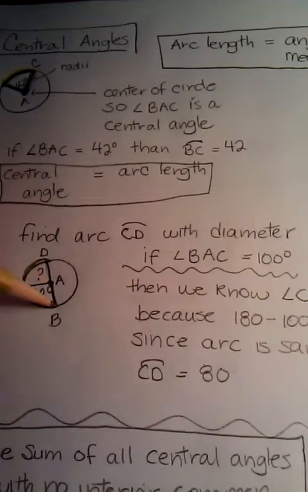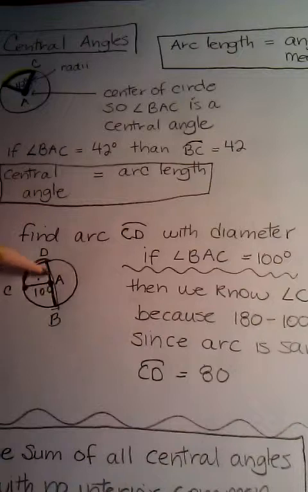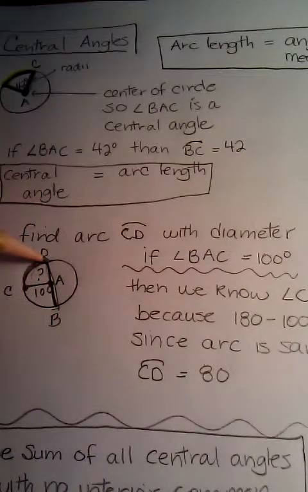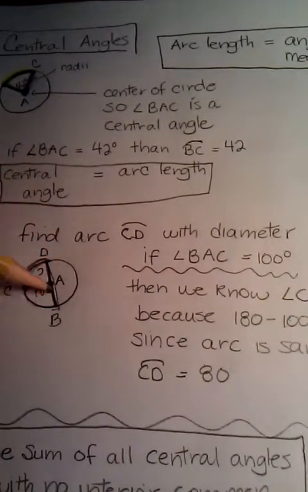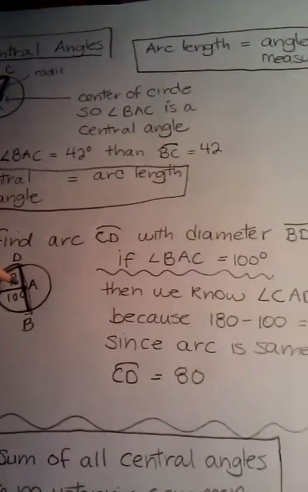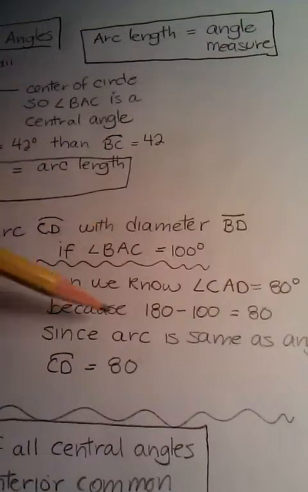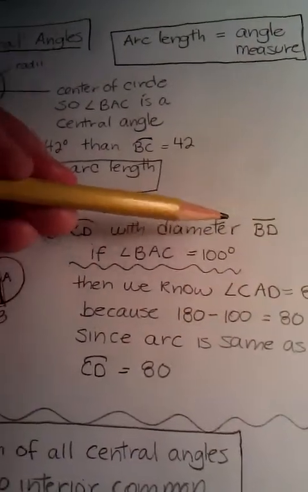Now I know that this is the diameter. So if this is the diameter, I know that this is 180 degrees right here, from B all the way to D, that's 180 degrees at angle A. So if that whole thing is 180 and this piece is 100, all I have to do is go 180 minus 100, and that gives me 80.